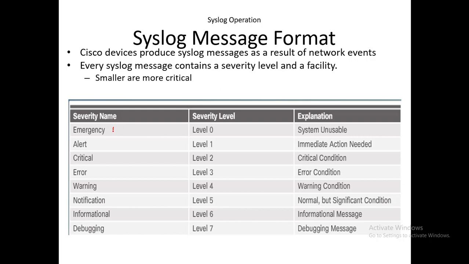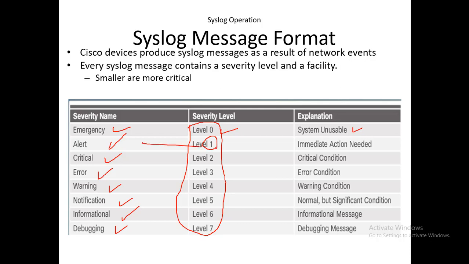For emergency, the level will be 0, and the explanation will be system unusable. Similarly, you have alert, critical, error, warning, notification, informational, or debugging messages. They are categorized in different levels, so that by knowing a level number, the user gets an idea that it is a kind of alert message.